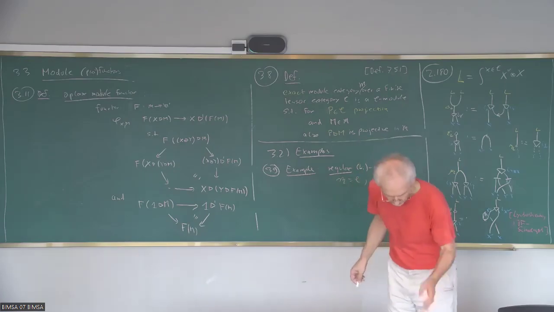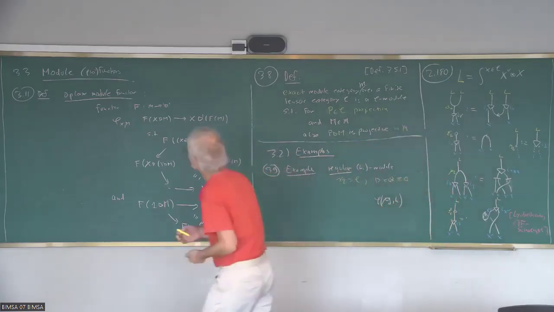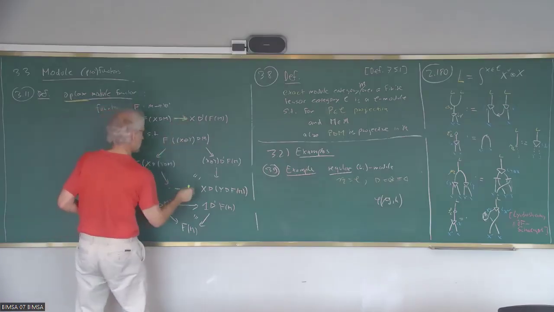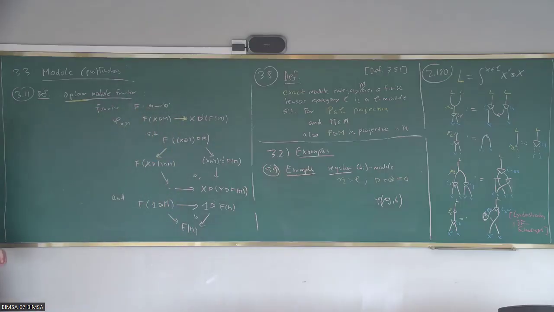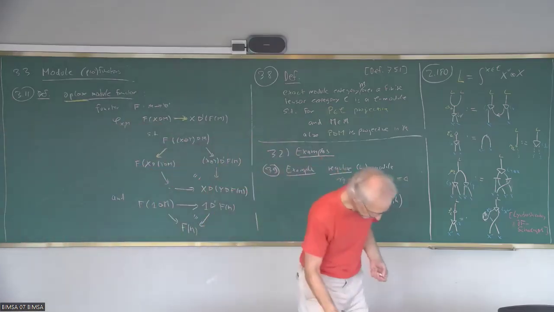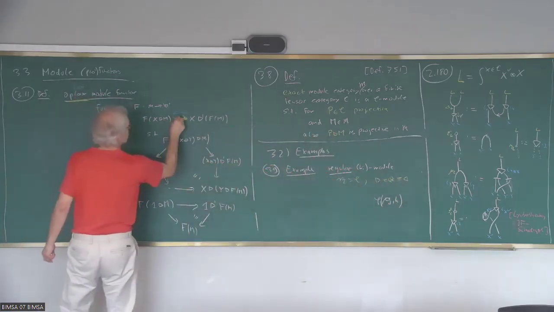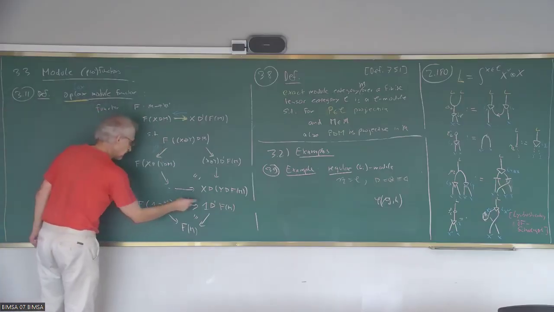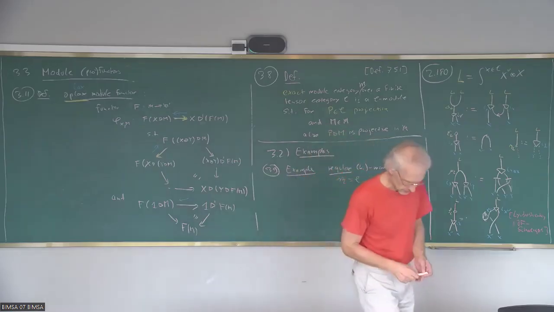The only important thing here is that when I say oplax, I have these morphisms in one direction. They need not be isomorphisms. There's another notion of lax module functor, where instead you have a morphism in the other direction, and then you have pentagons and triangle where the direction of the arrows is reversed.